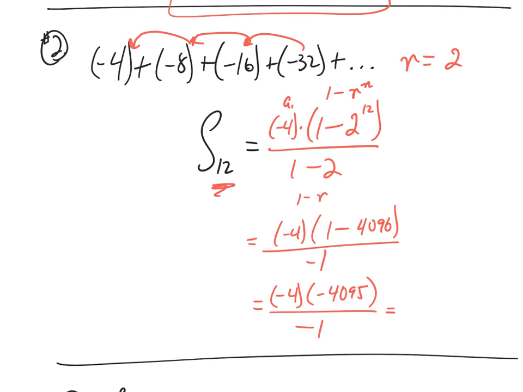And I ran out of room there, sorry about that. So we then have to multiply negative 4 times negative 4,095 and divide by negative 1. And what we'll get as a result then is negative 16,380. So that would be the sum of the first 12 terms.